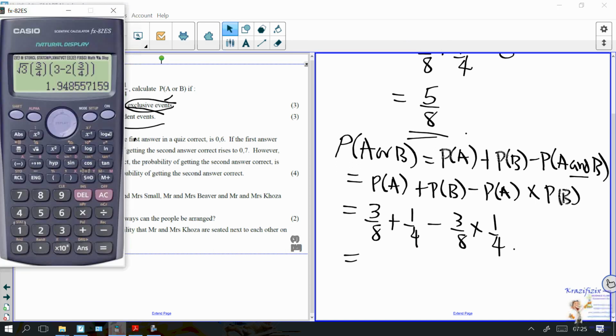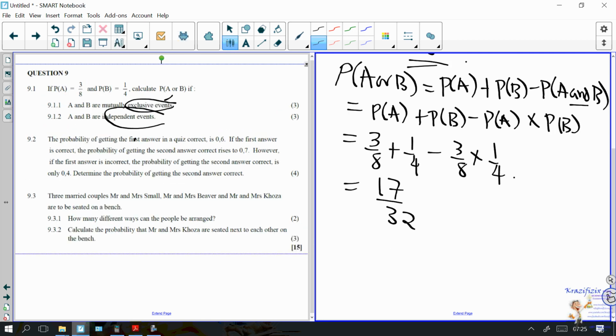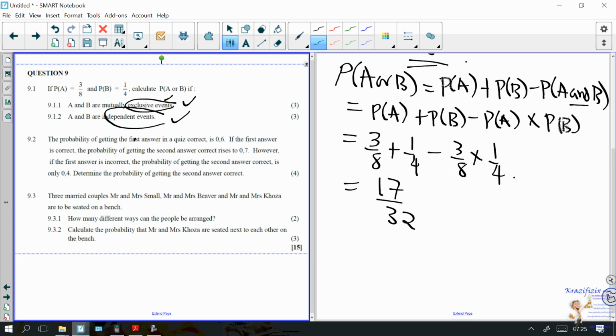Quickly, let's check our calculator. 3 over 8 plus 1 over 4, minus 3 over 8 times 1 over 4. 17 over 32. And you're done. So please get exclusive and independent events very well.